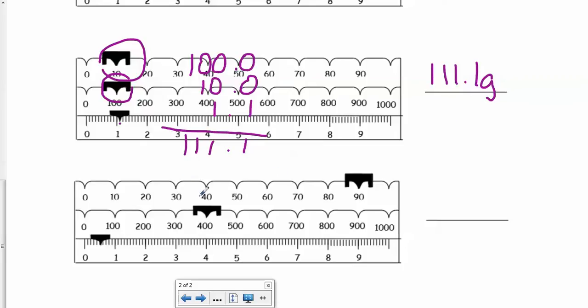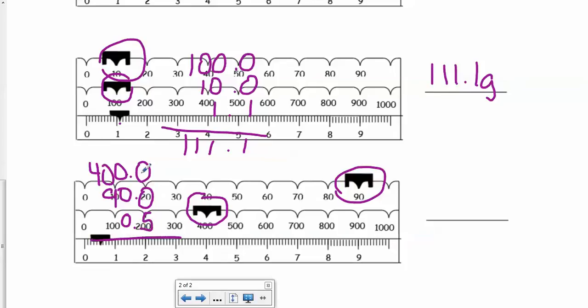All right, so let's take a look at this one. So we're going to start with the 400. Remember our decimal point. Then we have 90. Then we come down here, and it's not quite 1, so it's going to be 0.1, 2, 3, 4, 5.